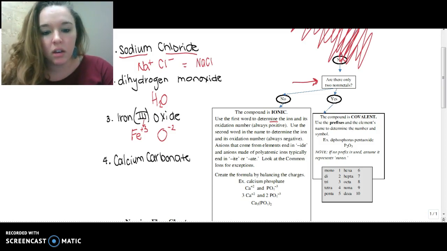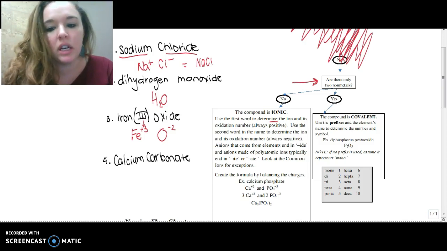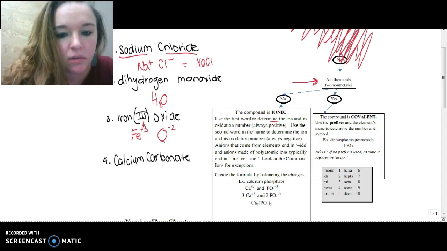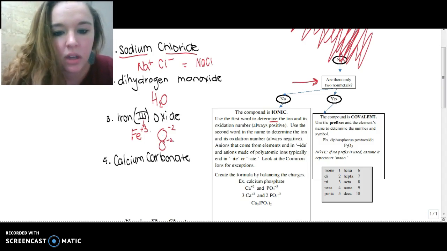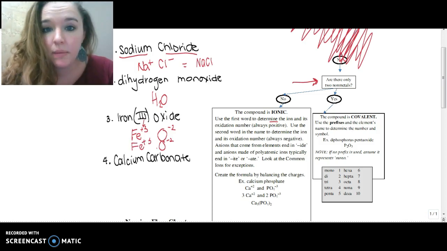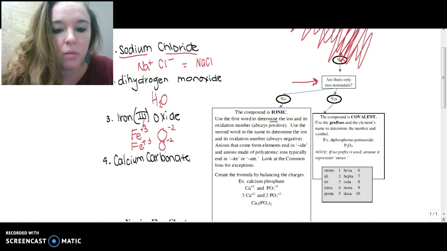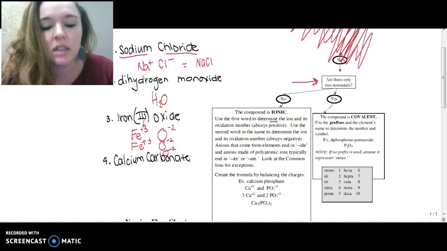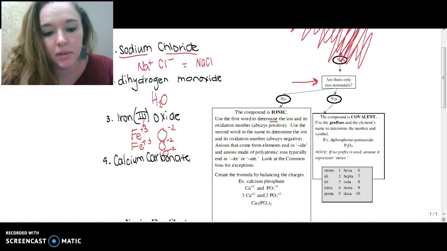So then with that, we're going to need to balance them out. I know that in order to balance out my +3, I need to add a -2. Now I have more positives than I have negatives, so I need to add 1 more O -2 because I want to get to my common denominator of 6, or least common multiple of 6.